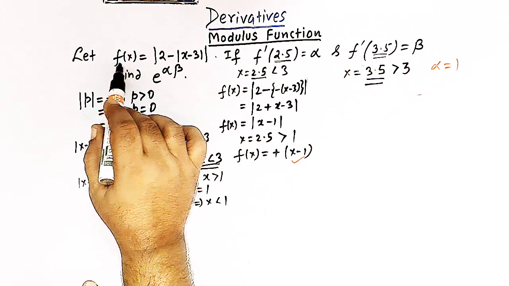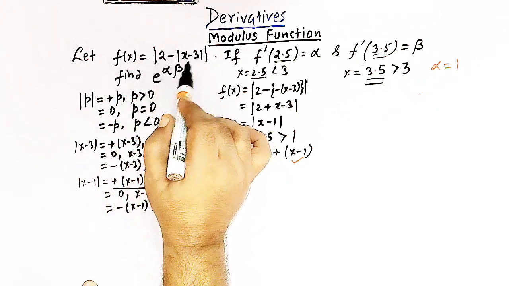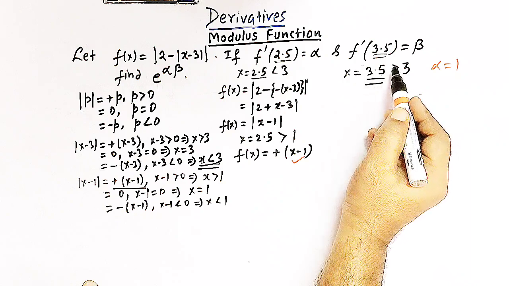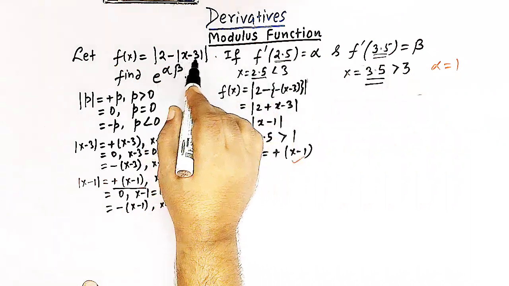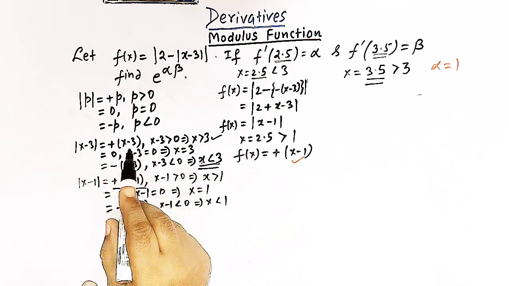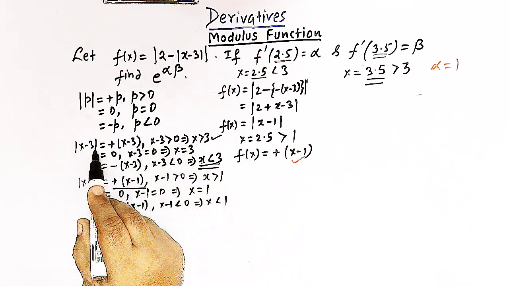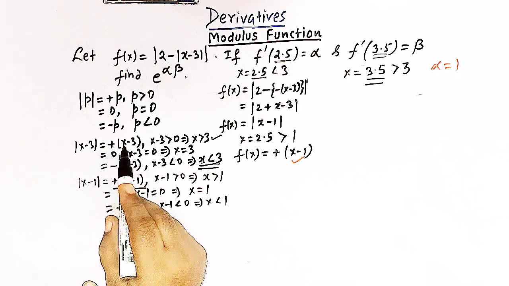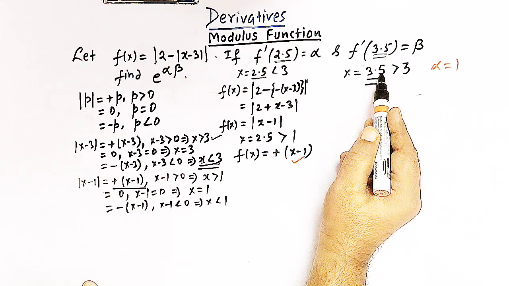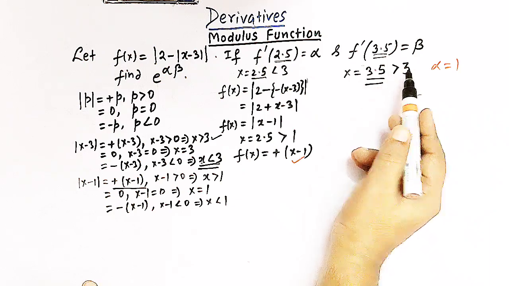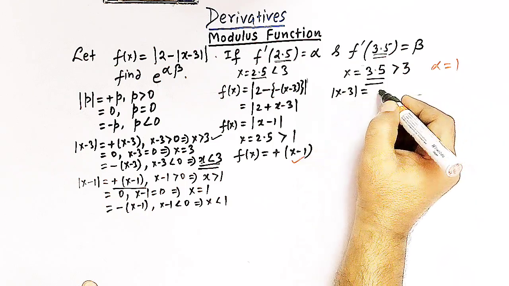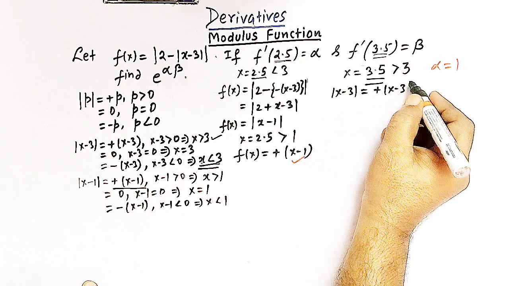So here f of x is given as mod of 2 minus mod of x minus 3. So when x is equal to 3.5 is greater than 3, then mod of x minus 3 is defined by this part of the definition, that is mod of x minus 3 is equal to positive x minus 3 when x is greater than 3, and here x is 3.5, which is obviously greater than 3. So in this case we take mod of x minus 3 is equal to positive x minus 3.